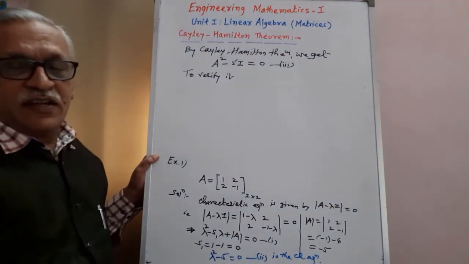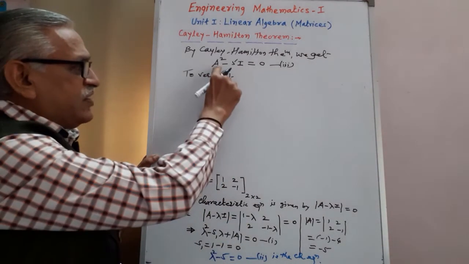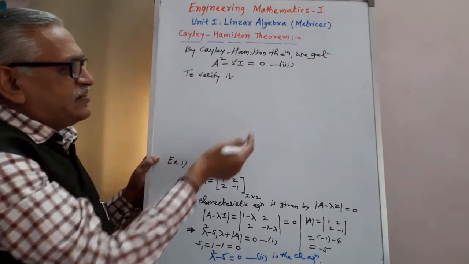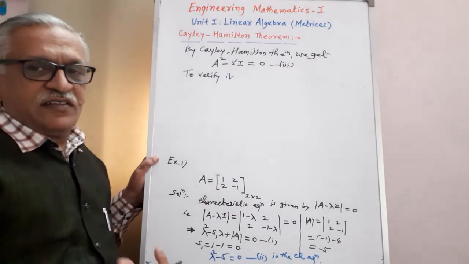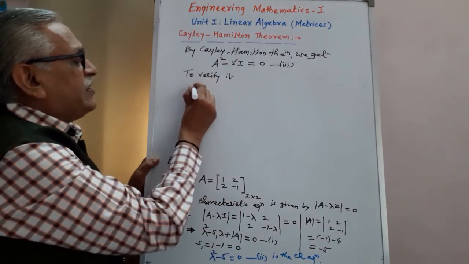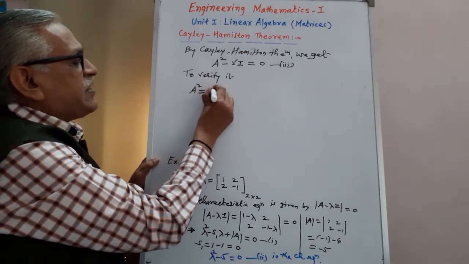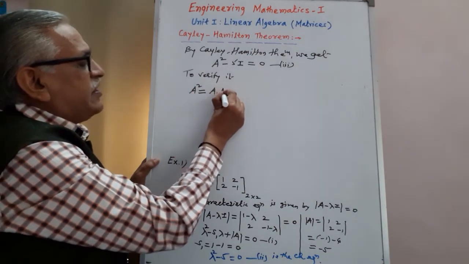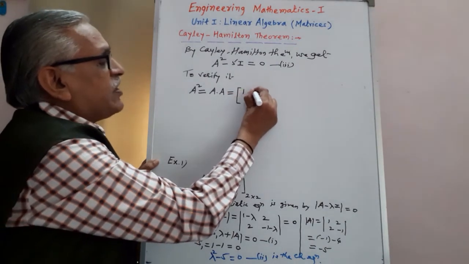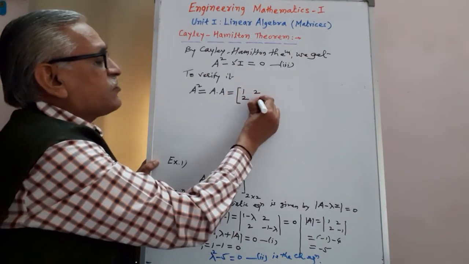To verify the Cayley-Hamilton theorem, we need to find the matrix A square, the matrix 5I, and then the subtraction of those two matrices should be the null matrix or zero matrix. For that, we first find A square as matrix A into matrix A. Here matrix A has the elements 1, 2, 2, minus 1.